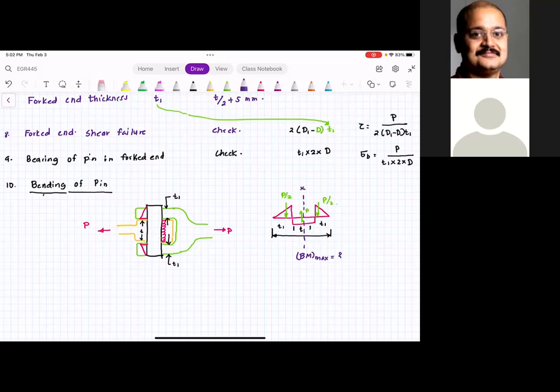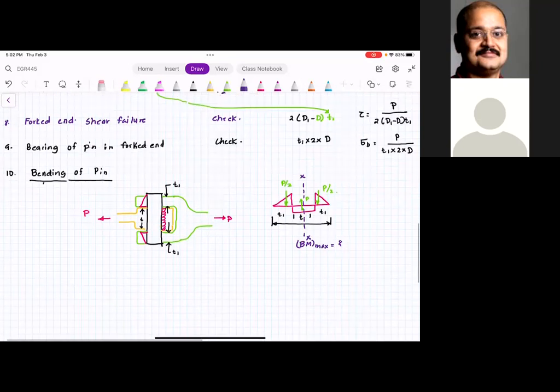So this is section XX, and I summed the moment of the forces from the left-hand side of the section. On the left-hand side, I have a triangular load, then I have a small rectangular load. Did you understand the way I derived the bending moment in the last class? Because there was one question, let me derive this here.